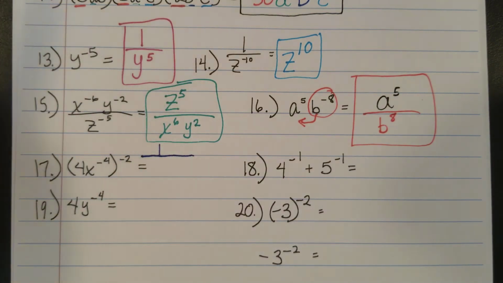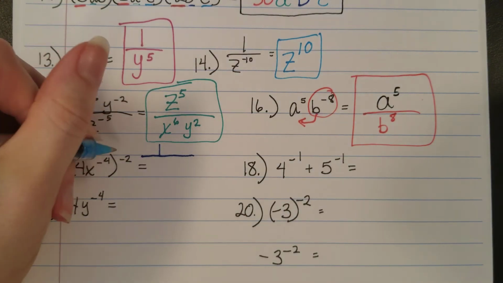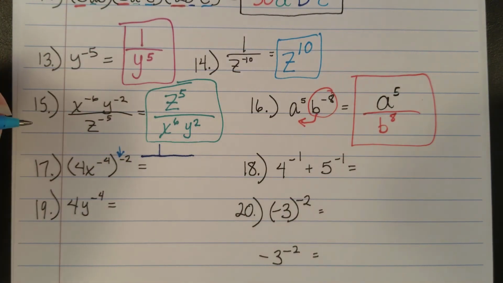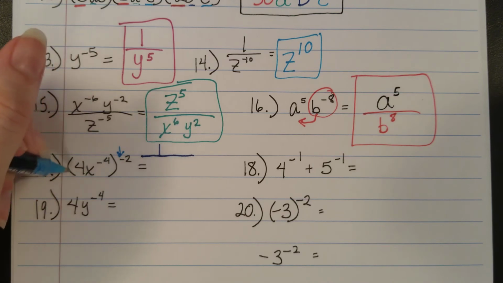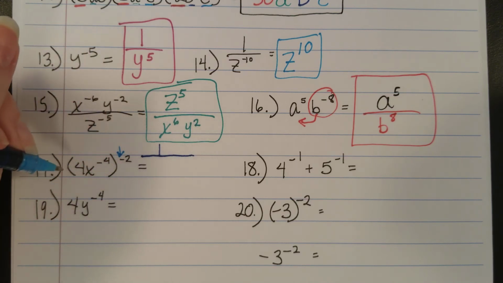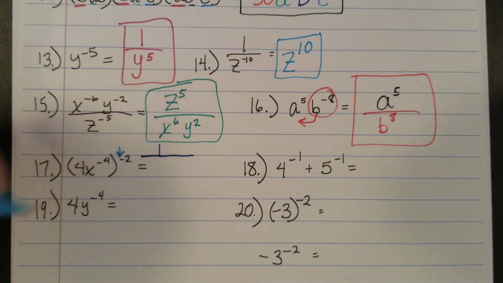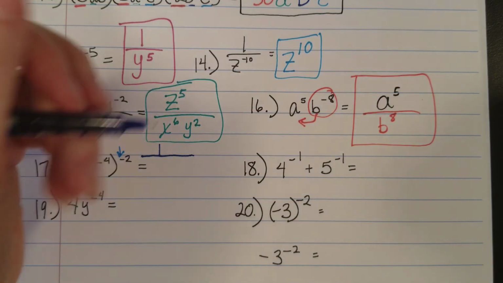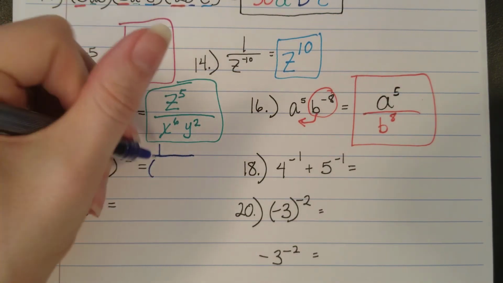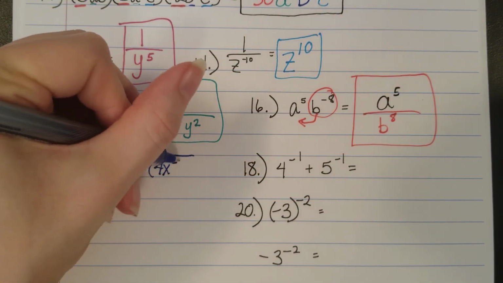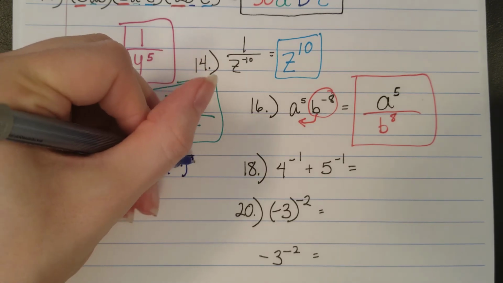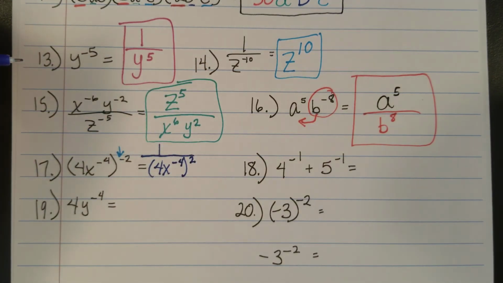And what that will do is it will get rid of this negative sign right here. But what's in the parentheses will remain exactly the same, including that negative sign, okay? All right, so it'll be 4x to the negative 4, and all of that is squared.